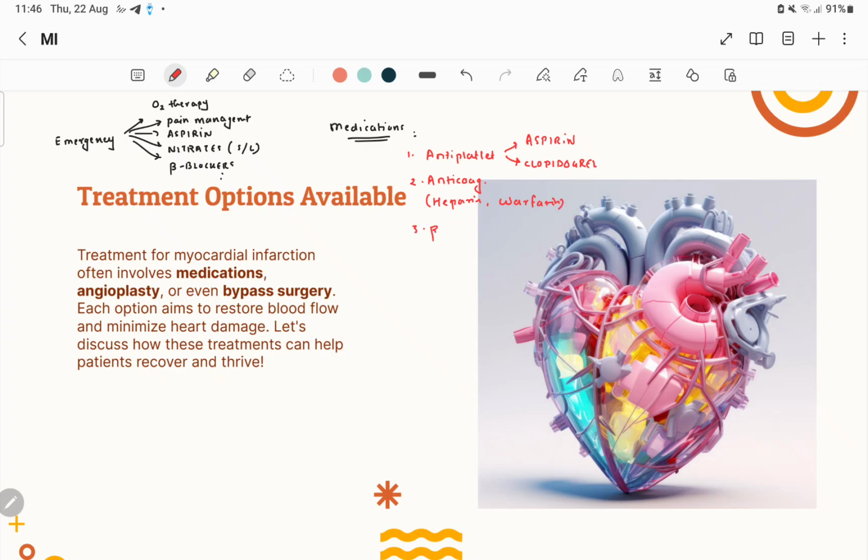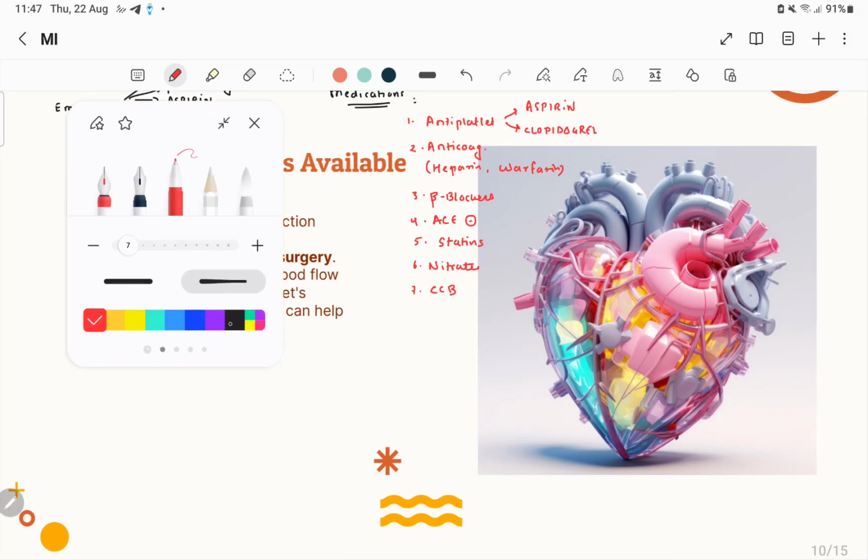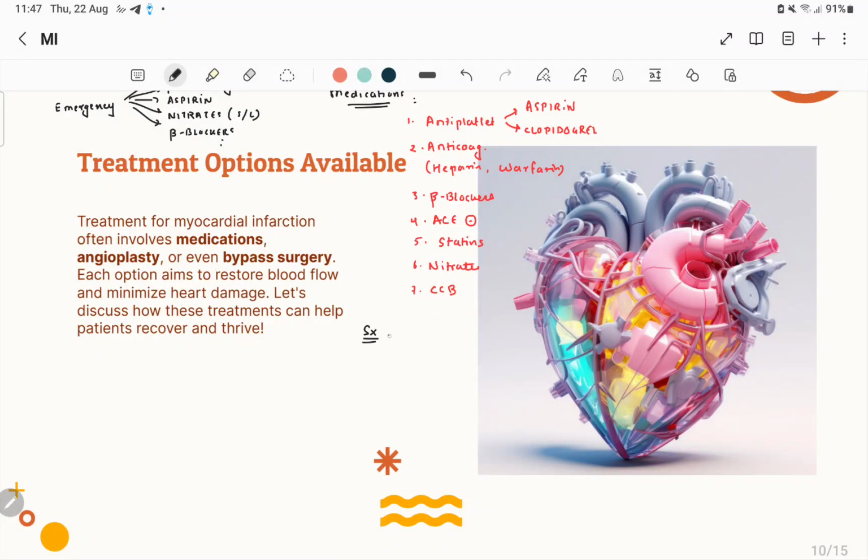You can give beta blockers, ACE inhibitors, and statins to decrease the cholesterol levels. You can give nitrates, like nitroglycerin, or calcium channel blockers. So these are all the medications you can give for MI, right? Or you can do some surgical interventions, like CABG.